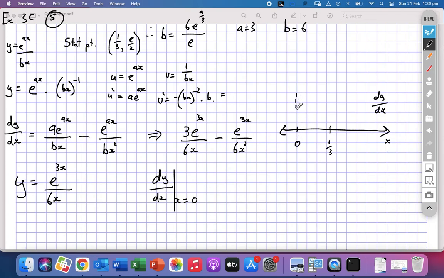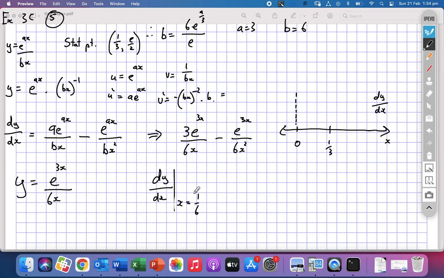So I would need another value, maybe a 1/6. Right, that was no good. I think if it was me, I would just graph it, use my calculator and look for this point. But we can do it this way as well.